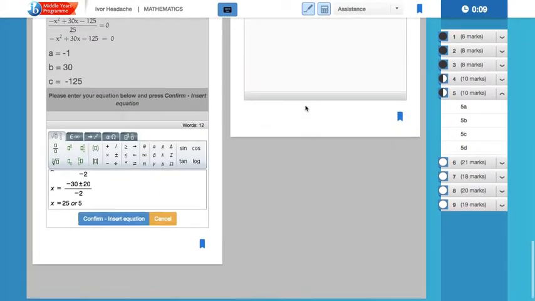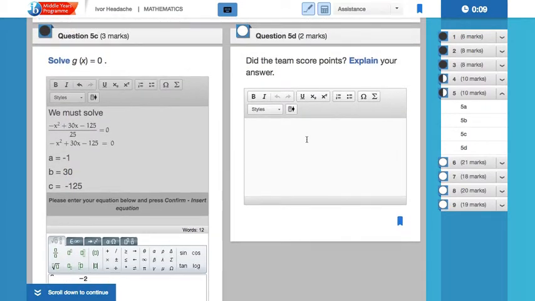So the answer to the last bit is that the team did not score points because the ball landed at 25-0, which is short of the posts, let's say.